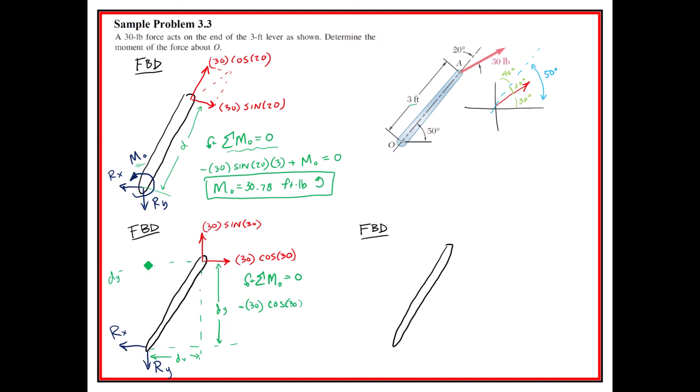The dy is going to be 3 feet times the sine of 50. And dx is going to be 3 times the cosine of 50.